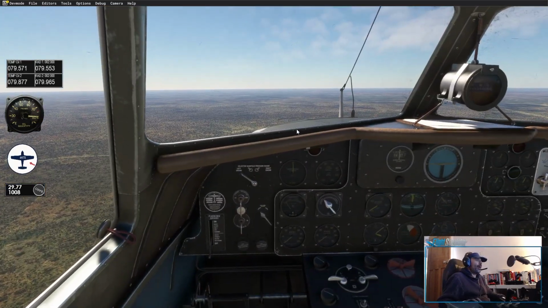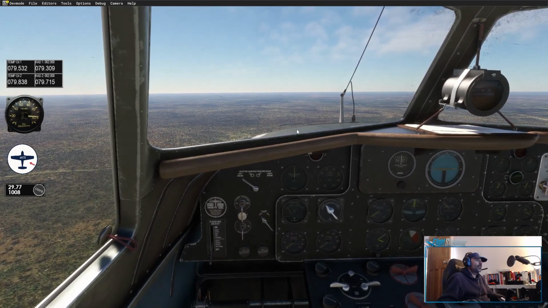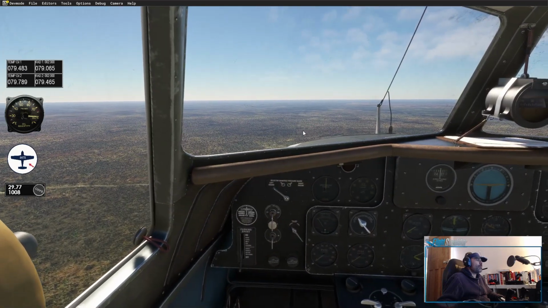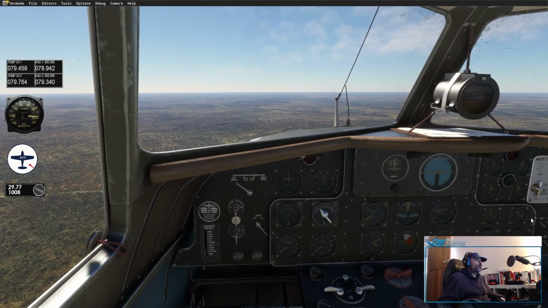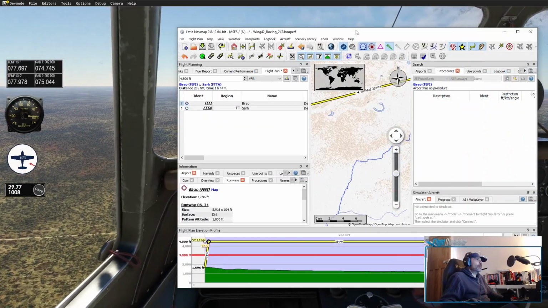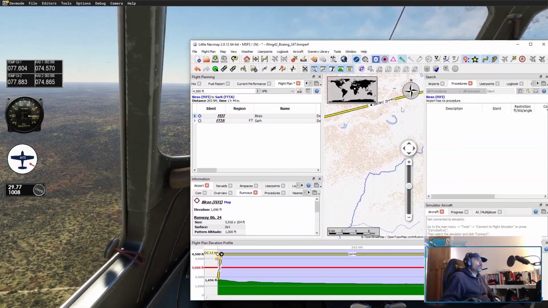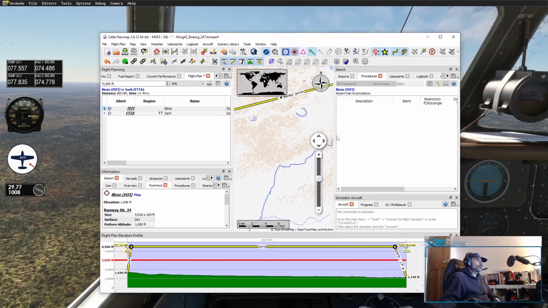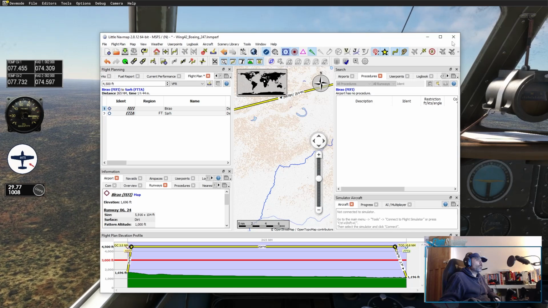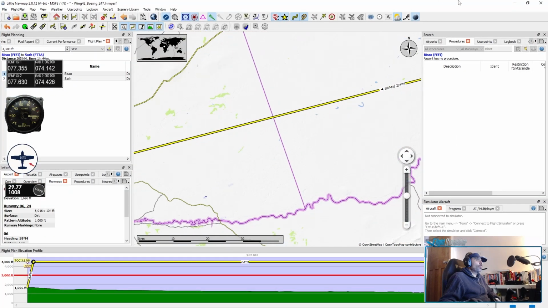Maybe if I go up higher. But I want to go low because I want to see how it performs. What is the impact in temperature? Okay, see you in a bit. Ah, I found the lake. Is this the lake? So I'm here. Here, so I'm going to move.